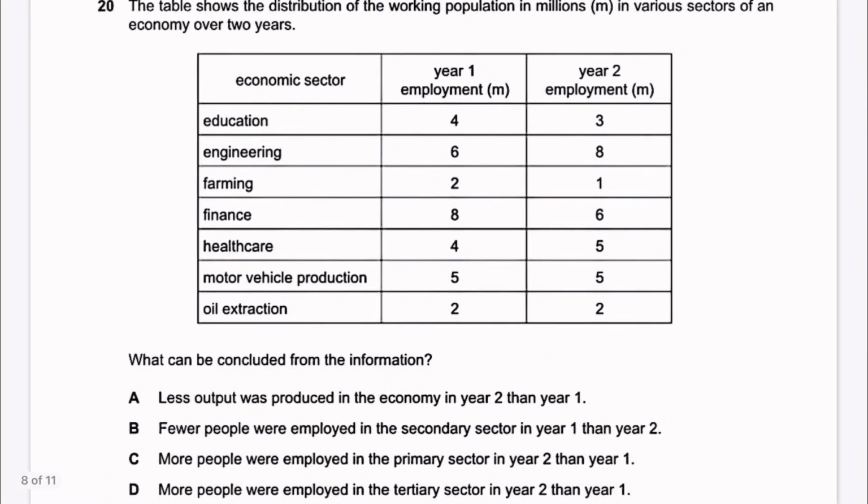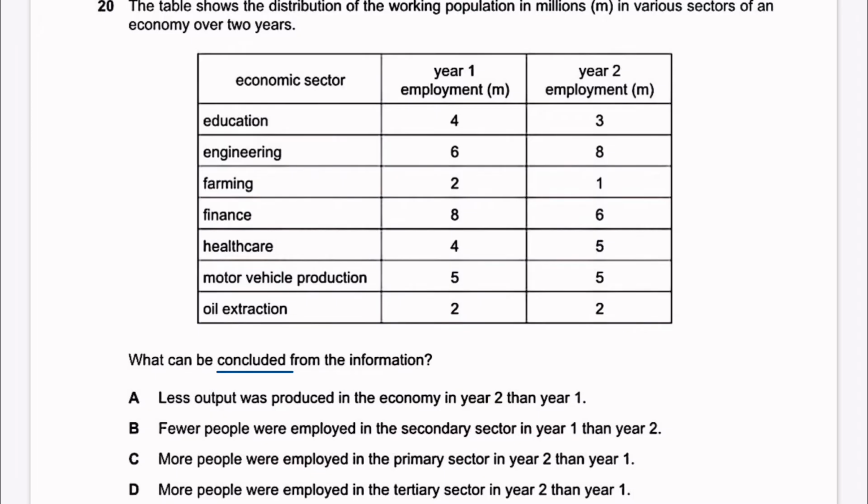Question 20. Table shows the distribution of working population in millions in various sectors of an economy over 2 years. What can be concluded from the information? So first, when you see this table, don't be overwhelmed by a lot of information. A tip that I can give you is to look at the answers to find clues to solve this question.